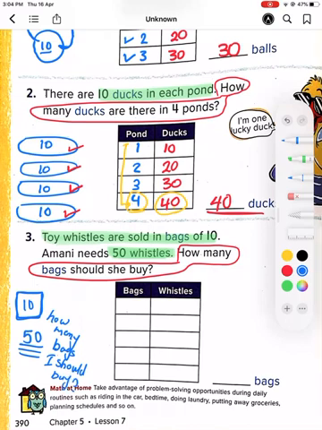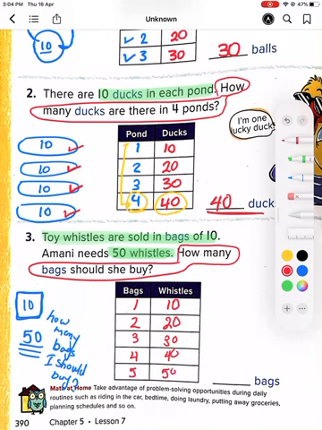Let's see. First, let's start writing our whistles. We have in each bag 10. 1 bag 10, 2 bags 20, 3 bags 30, 4 bags 40, and 5 bags 50.